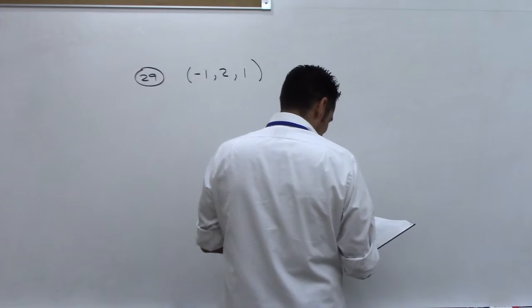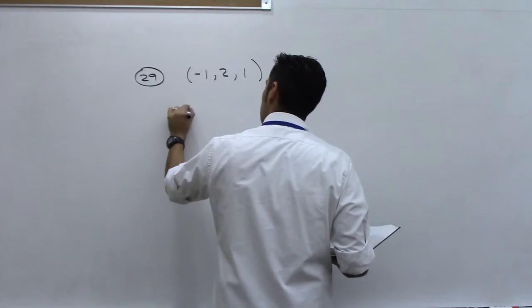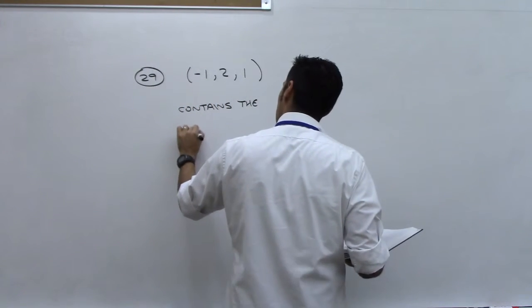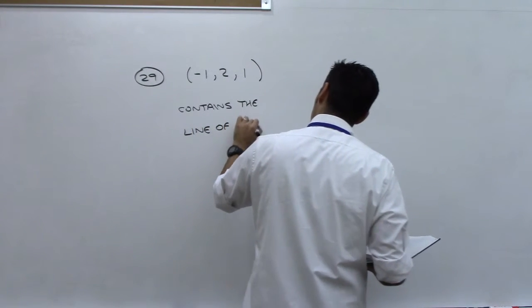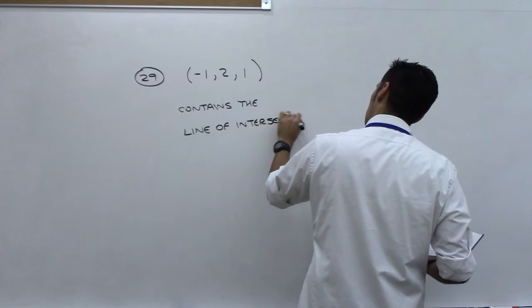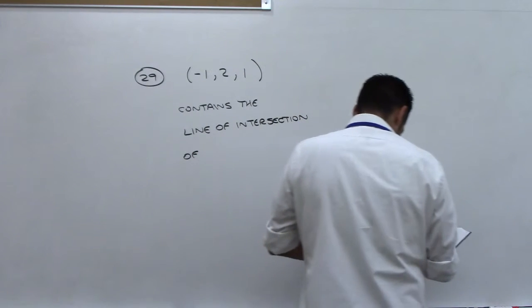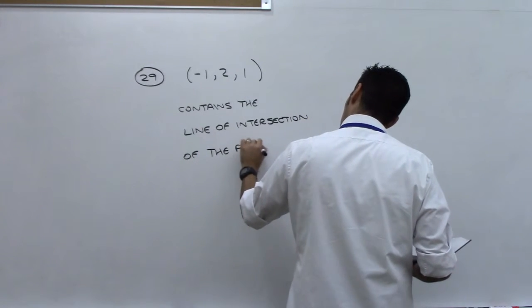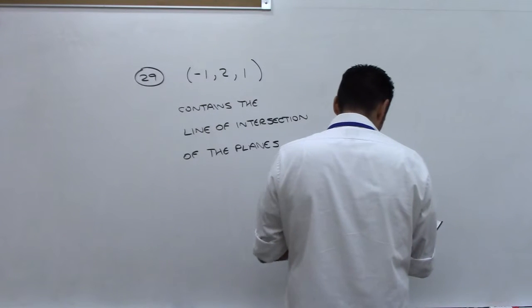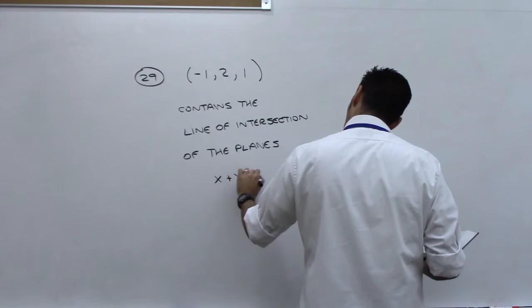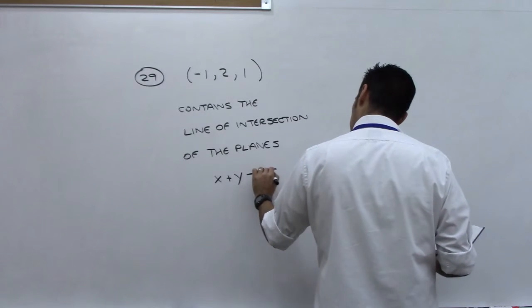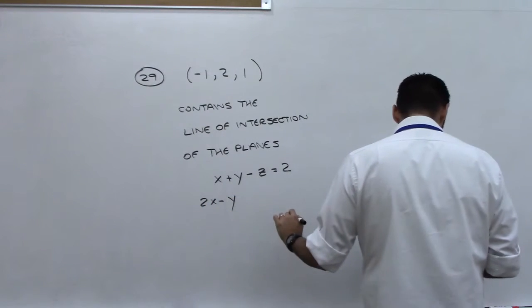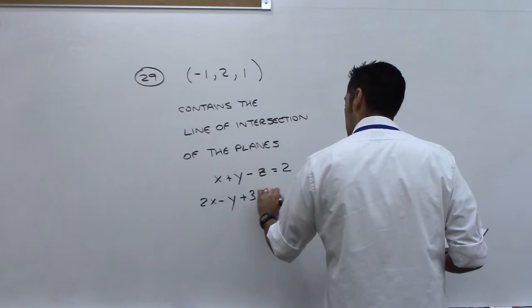And contains the line of intersection of the planes x plus y minus z equals 2 and 2x minus y plus 3z equals 1.